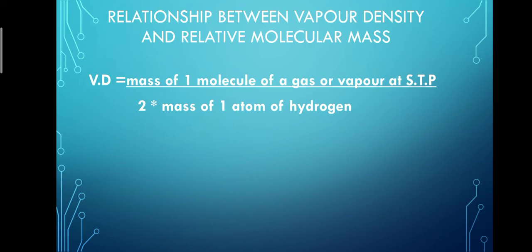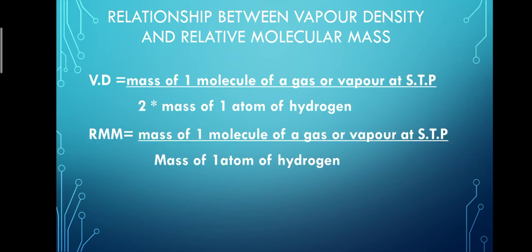And this we can write as, we can split the mass of two atoms and write it as 2 into the mass of one atom of hydrogen. Okay. And according to relative molecular mass on the hydrogen scale, it is the mass of one molecule of gas or vapor at STP by the mass of one atom of hydrogen. So we can substitute this relative molecular mass in the vapor density equation.